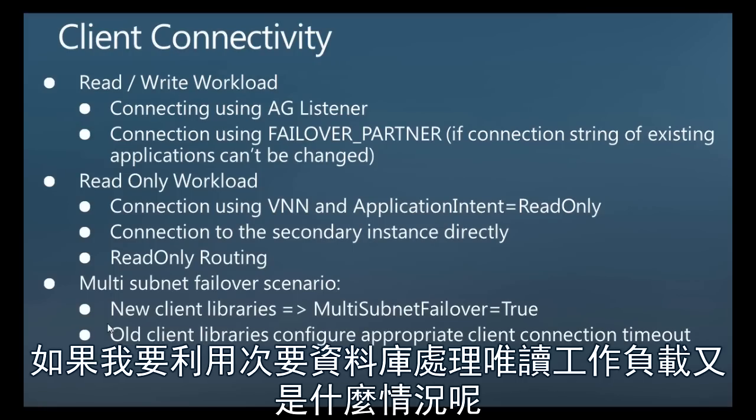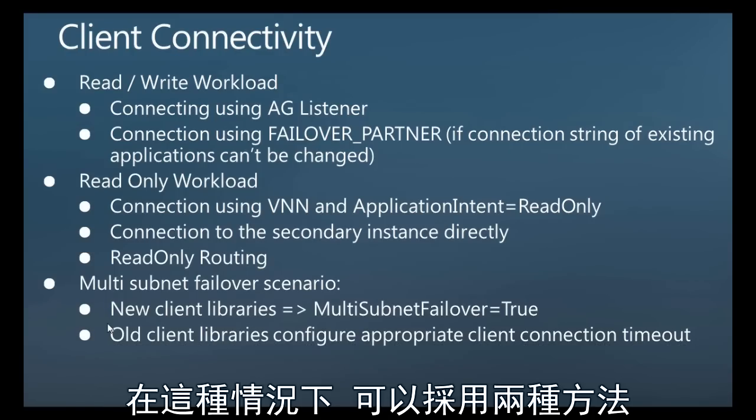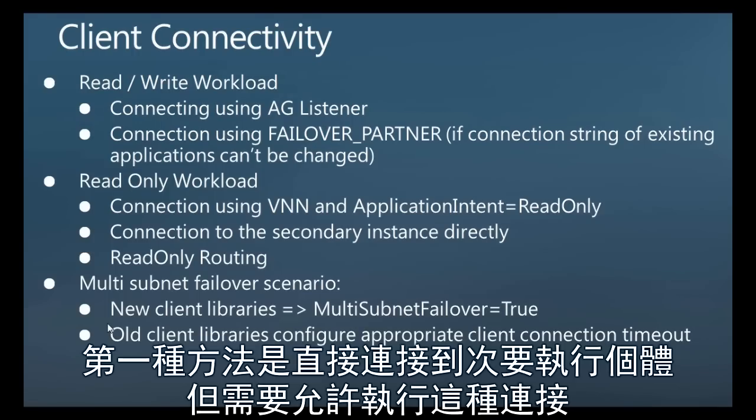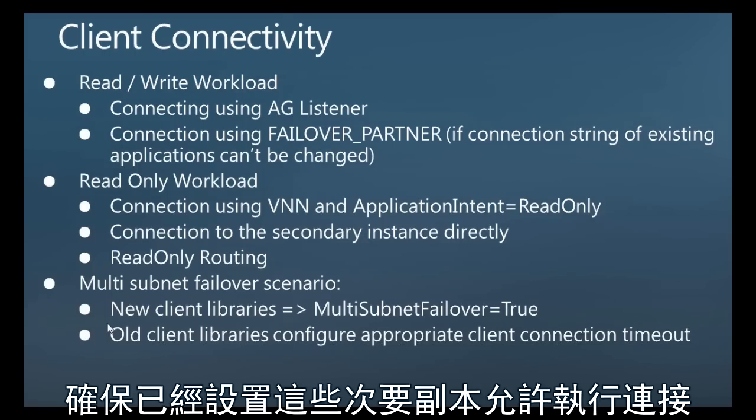How about if I want to leverage my secondary to do the read-only workload? If that's the case, you have two ways. The first thing is you can connect to your secondary instance directly, but you need to allow this connection. So go to the availability group properties and make sure these secondary replicas are set as allowed connections.